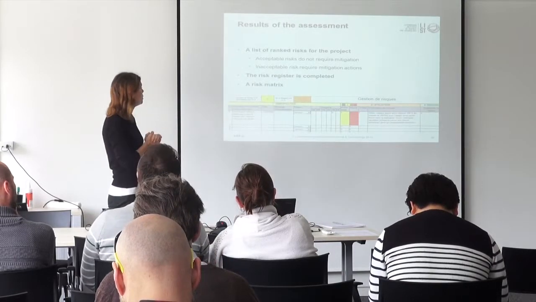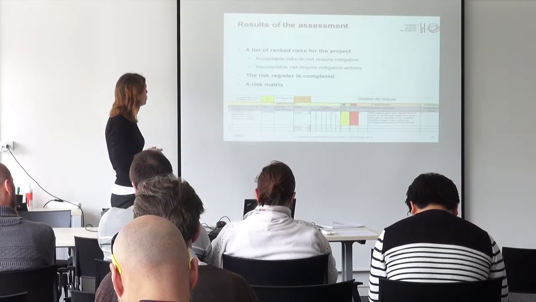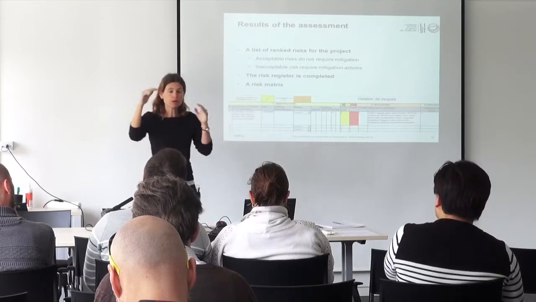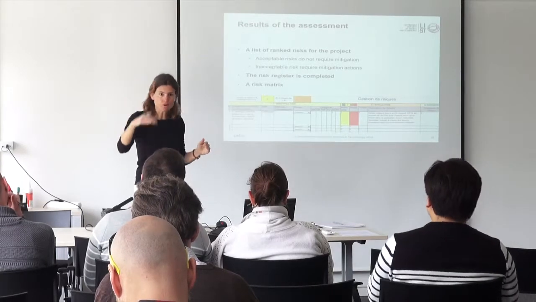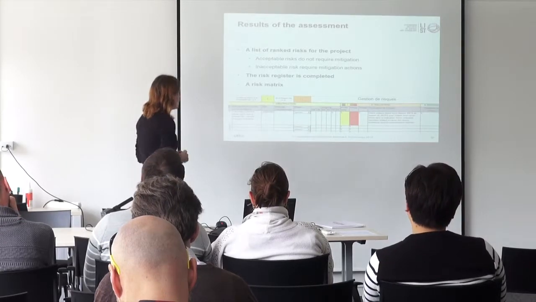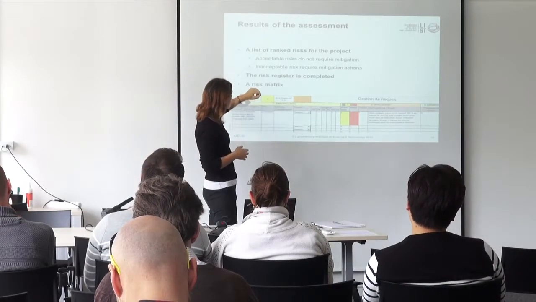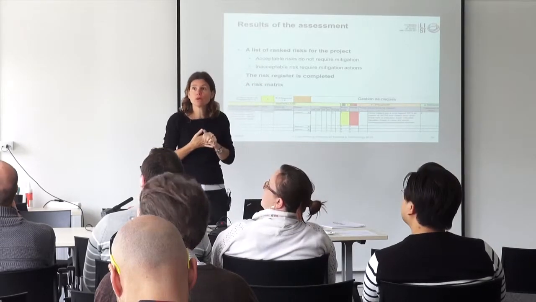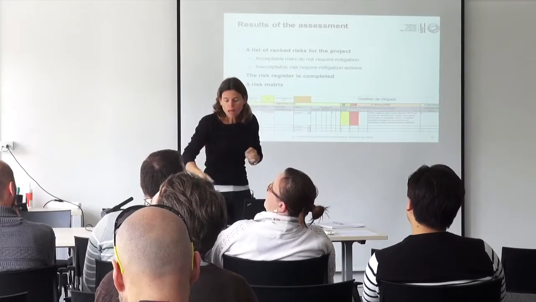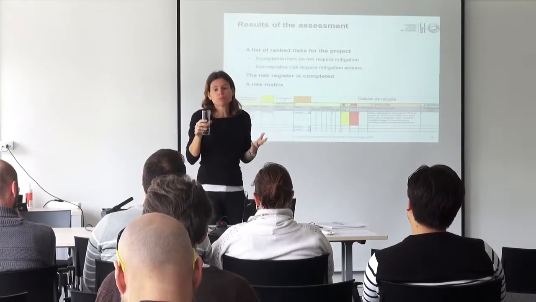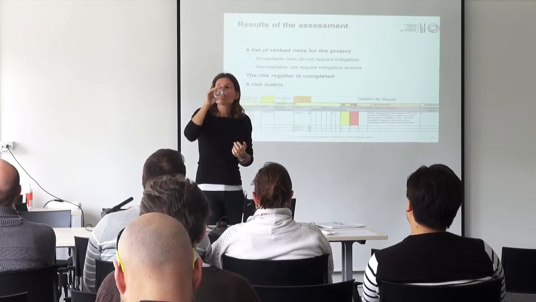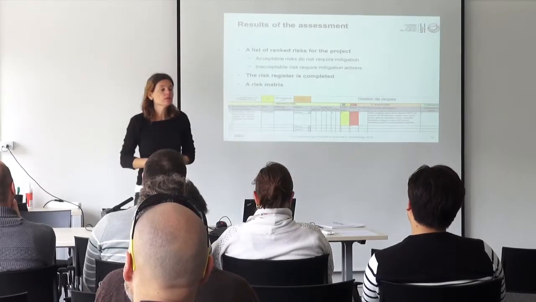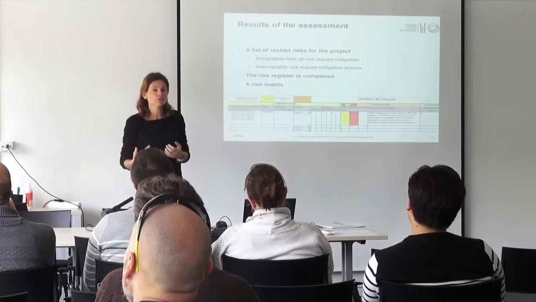Okay, so when you've done the assessment part of your risk management activity, what you have at the end is a list of risks that are placed on a matrix, or that you have ranked in a way. And so from that list you can identify the ones that are acceptable, that you will not do anything about, and you will have a list of unacceptable risks that you consider, and your steering committee considers, that you have to do something about.